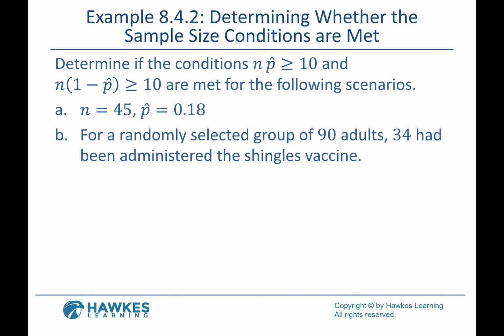So on A, what we would need to check, it gives us n and it gives us p hat. So we would need to check that 45 times 0.18 needs to be at least 10, but if we check that one, it comes out to 8.1, so that would not be quite big enough for us to use the normal distribution instead of the binomial.